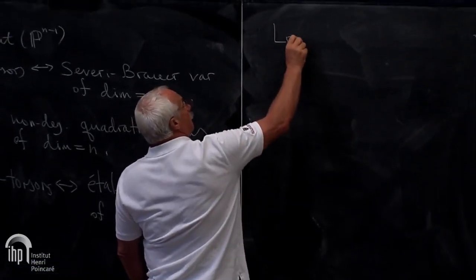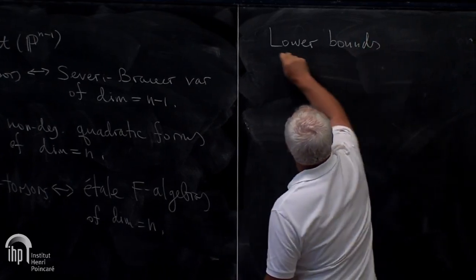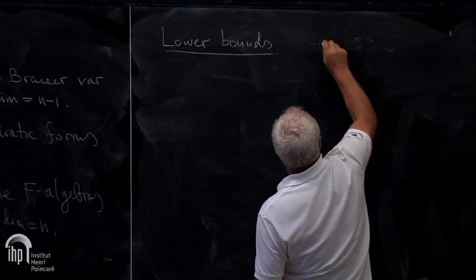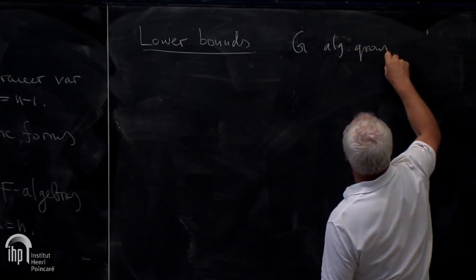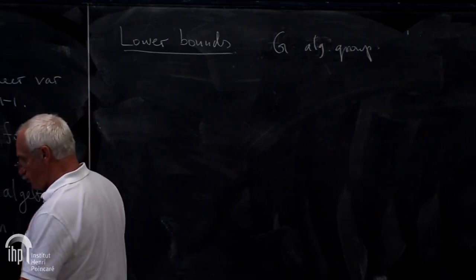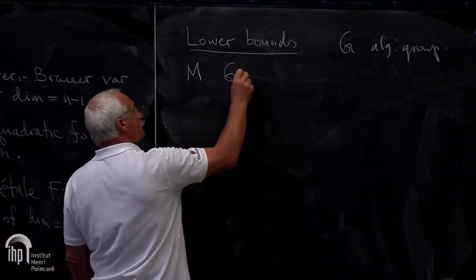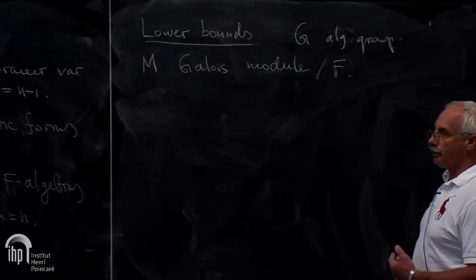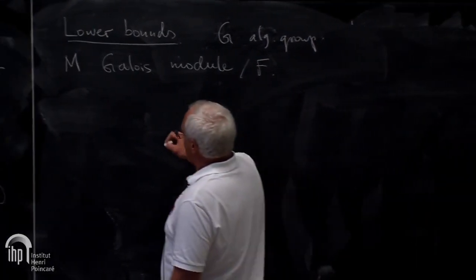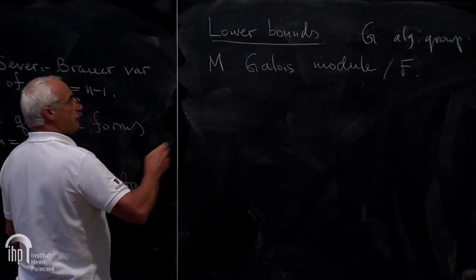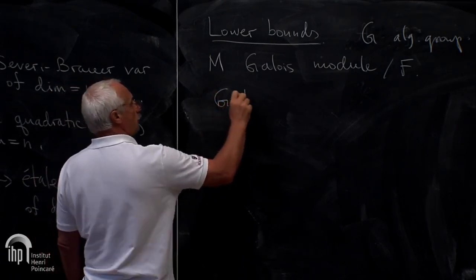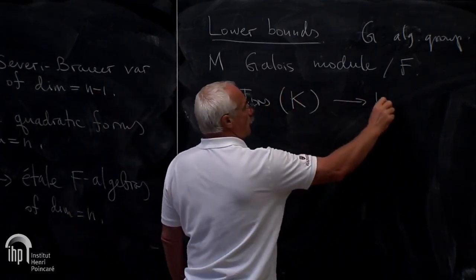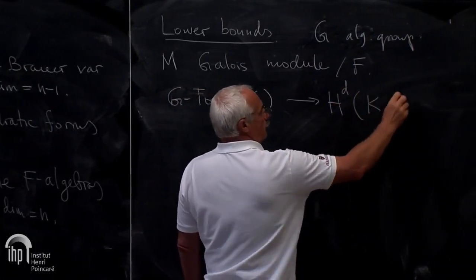So, now we have an algebraic group G, and suppose we also have a Galois module M over F. So a continuous module with the action of the absolute Galois group of F. And a cohomological invariant is a morphism of functors from G torsors over field extension K to Galois cohomology of certain degree D of K with values in M.